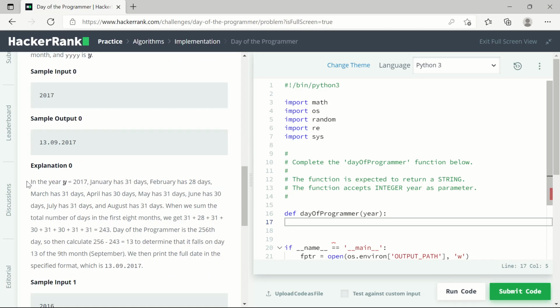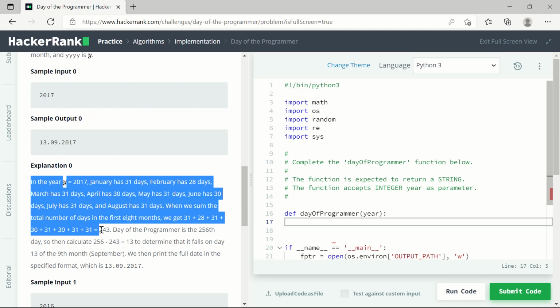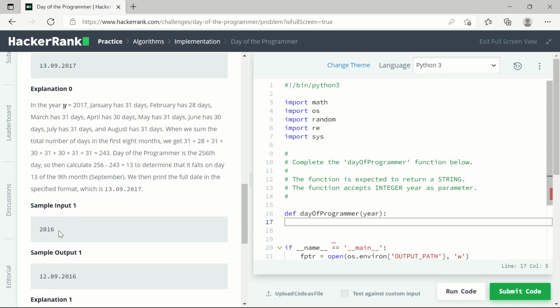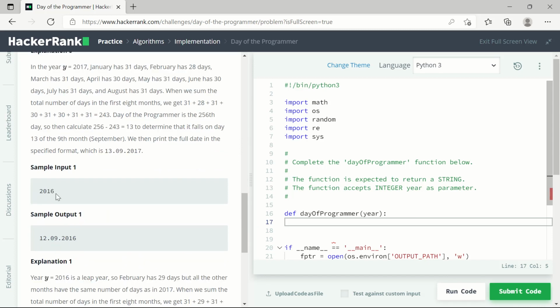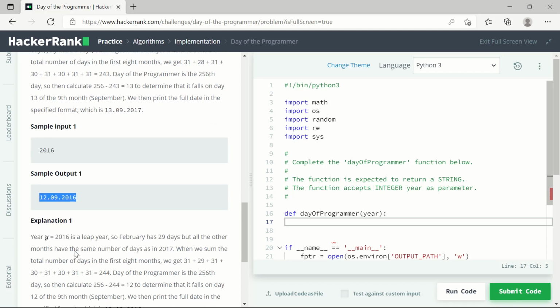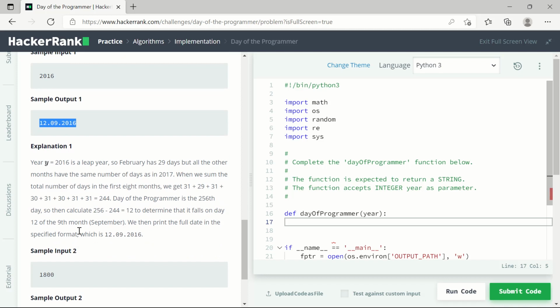For 2017, you can see the explanation here, which calculates by adding the days of all the months. The next example accepts 2016 as the year, and because 2016 is a leap year, the 256th day will fall on 12th of September. The explanation for 2016 is also given.